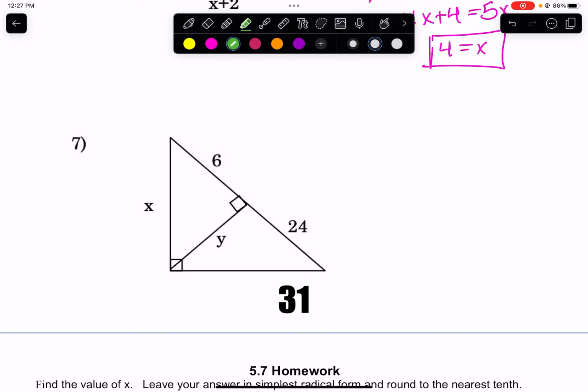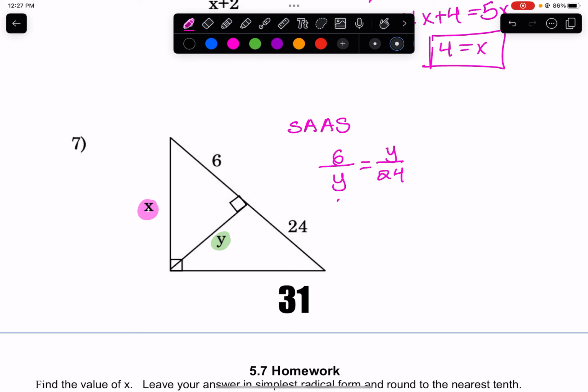Here I can see that I have two variables. Remember, when there are two variables, you know you're going to have a two-step process. If I want to solve for y, y would be side, altitude, side. So 6 over y is equal to y over 24. Y squared is equal to 6 times 24, which is 144.